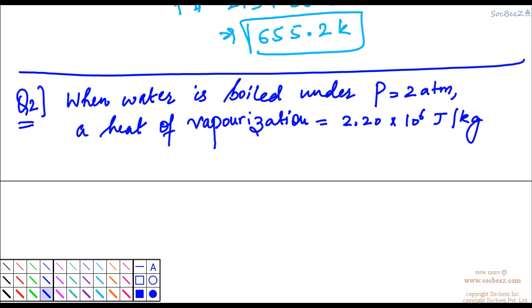You might have all the concepts and do everything correctly, but if the units are wrong, you get it all wrong. So the heat of vaporization here is 2.20 into 10 raised to power 6 joules per kg, and the boiling point is 120°C.